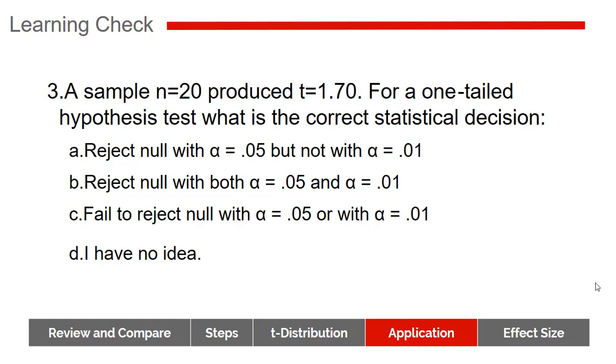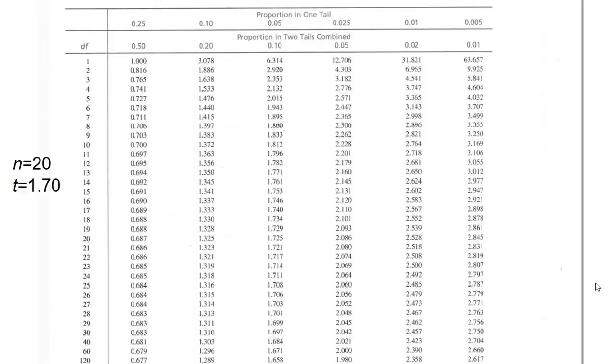But this time we're looking for a one-tailed hypothesis. What is the correct statistical decision in each of these possibilities? So we're going to be looking for alpha at 0.05 and 0.01 for a one-tailed test. You are not allowed to say, I have no idea. So here we go. We have an n of 20 and a t of 1.7. So that means we have degrees of freedom of 19.